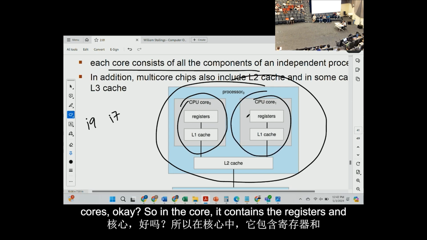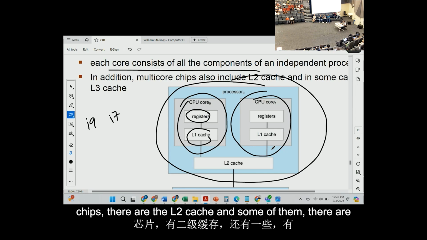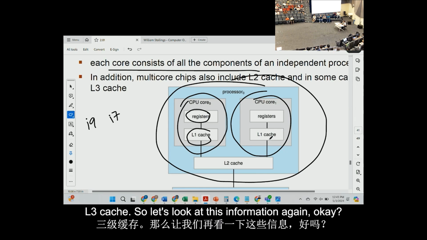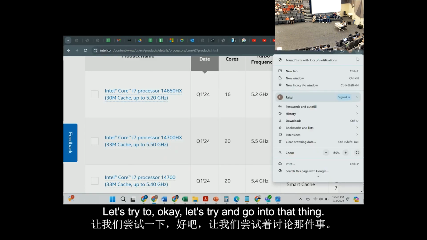In the core, it contains the registers and also the cache. As you can see here, in the multi-core chips there are L2 cache, and in some of them there are L3 cache. So let's look at this information again.